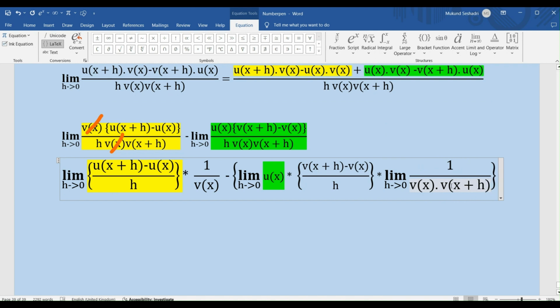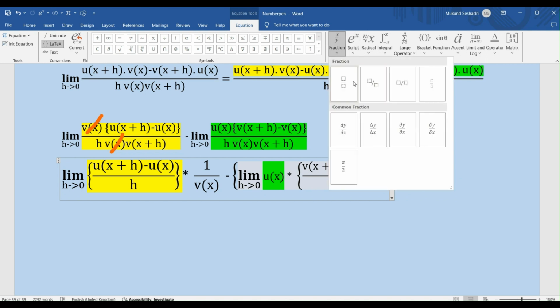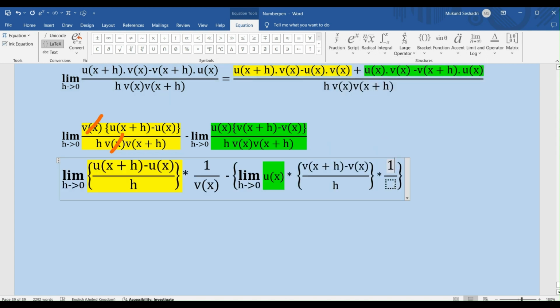I know that my v of x is independent of h, but my v of x plus h is a continuous function. And like we discussed earlier, we can write this as v of x into v of x, and I can remove my limits symbol here because my v is a continuous function. And I can write this as 1 divided by v of x square.